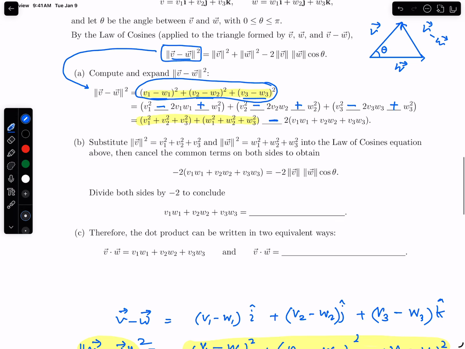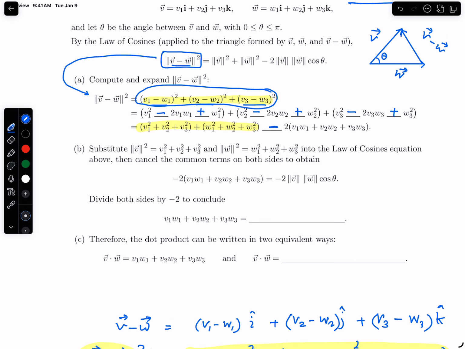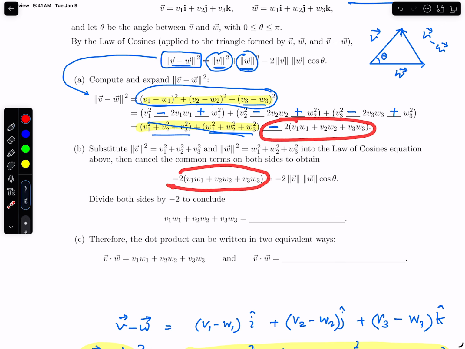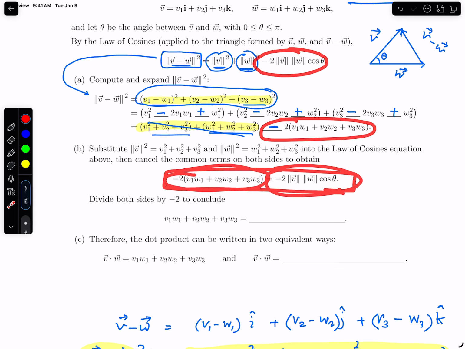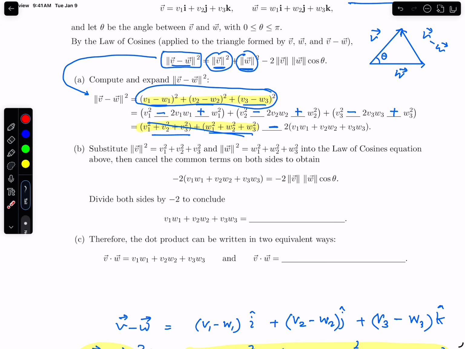Then what I can do is substitute the values of the magnitude of v squared and w squared on the right hand side. Obviously these two quantities are equal to this quantity and this quantity, so this one cancels. Now the left hand side only becomes this, which you can see here, and the right hand side only becomes this, which you can see here. So this is the equality that comes after simplifying from this equality.